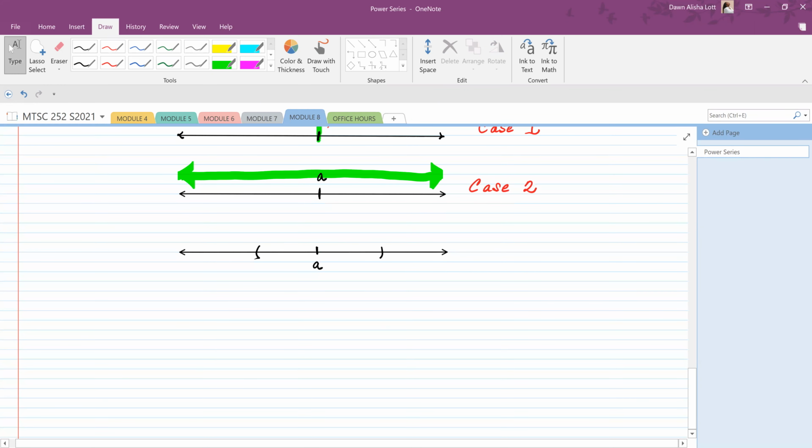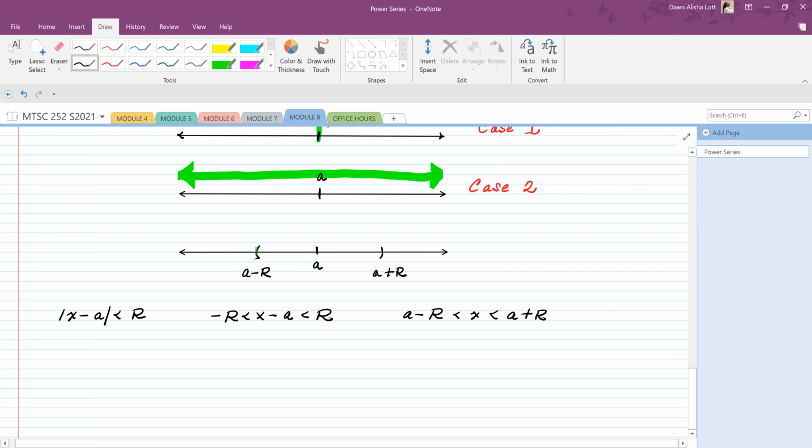What does it mean for the absolute value of x minus a to be less than R? It means that minus R is less than x minus a is less than R. Then I can add a to both sides, so I get a minus R is less than x is less than a plus R. So this point right here is a minus R, and this point right here is a plus R.